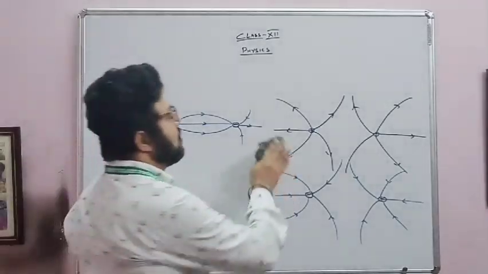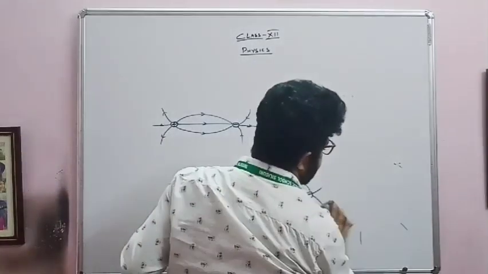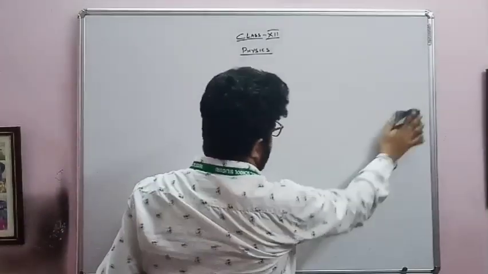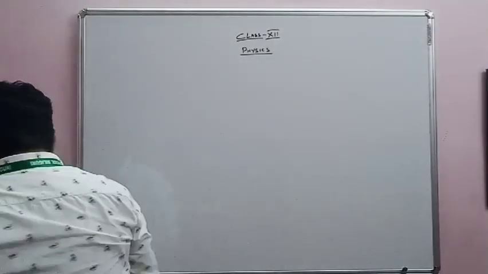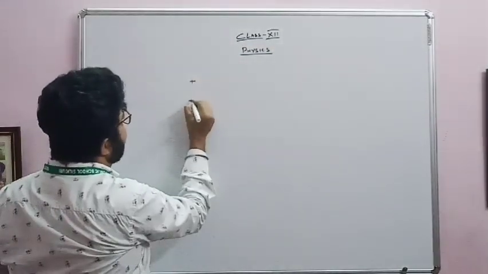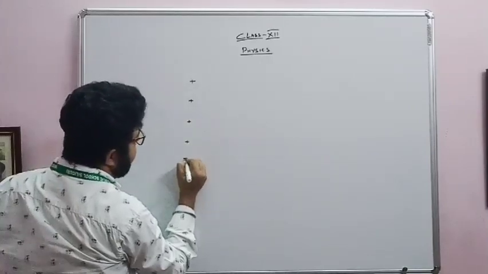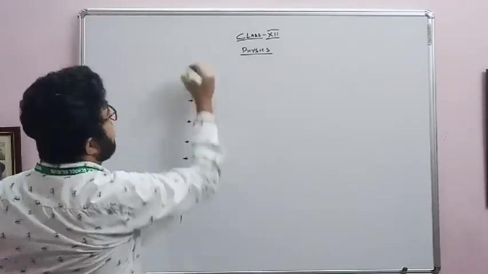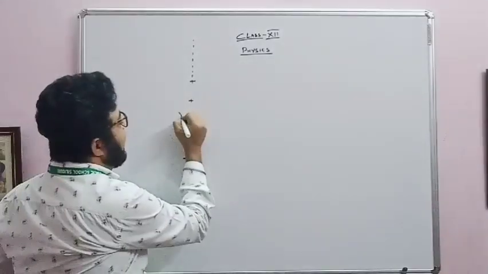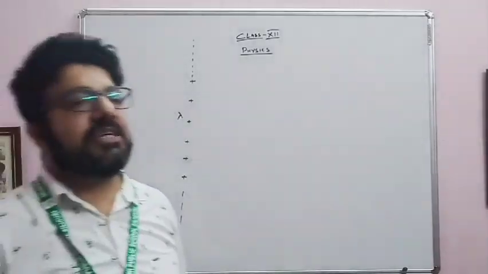Next, draw electric field lines for an infinitely long line charge. So suppose we have an infinitely long line charge, and suppose lambda is the linear charge distribution.